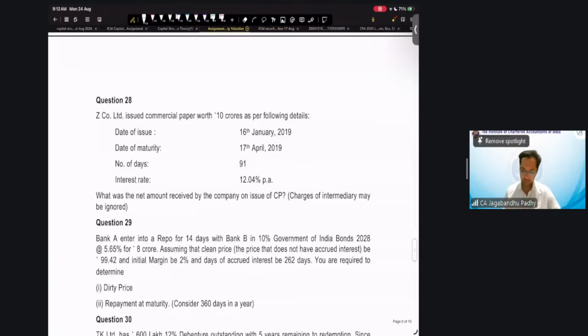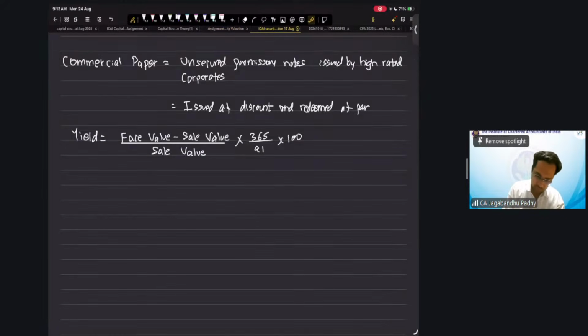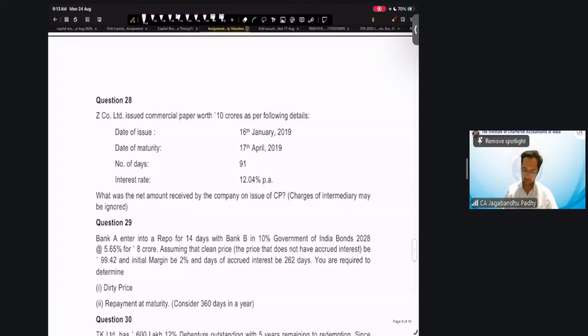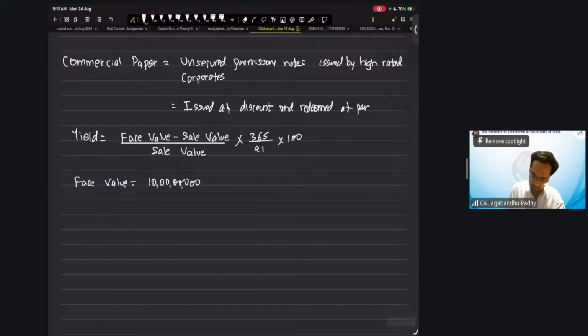So in our case, we see that the commercial paper worth 10 crores is your face value. Face value is 10 crores. Interest rate is 12.04%, which is your yield.